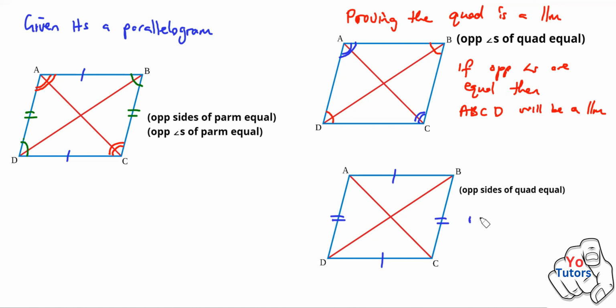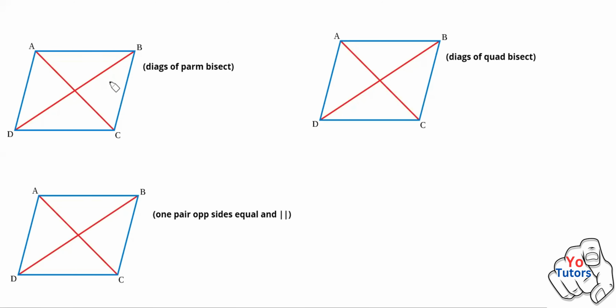So if opposite sides are equal, then ABCD is a parallelogram. That's what the converse is doing for you. Okay. So now let's look at another theorem. So we're looking at theorem 2. Okay. That was theorem 1 there.